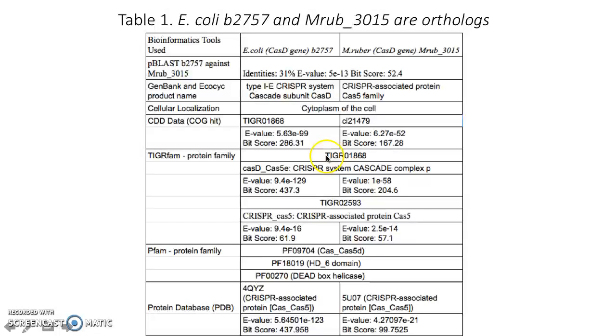For the TIGRFAM, we had two TIGRFAM families pulled up, which were the same for both. Same with the PFAM. We had 3 protein domains, which were the same for both. Focusing back down on the PDB, the tag name for these two hits are different, which is not fairly important for this study.